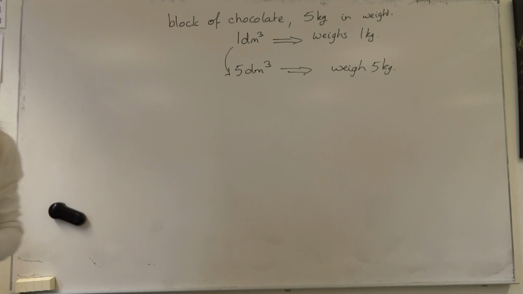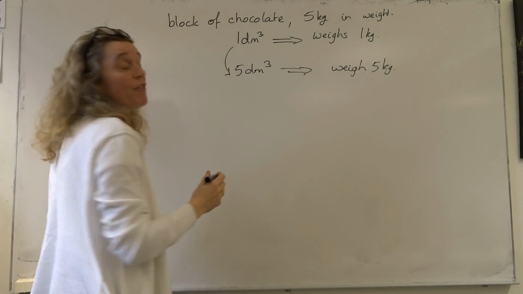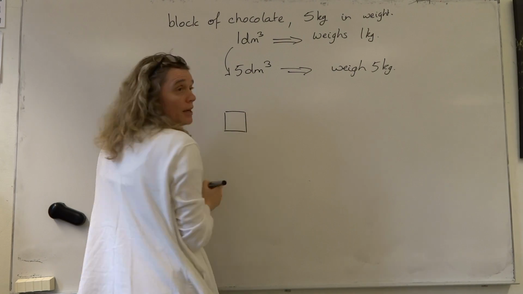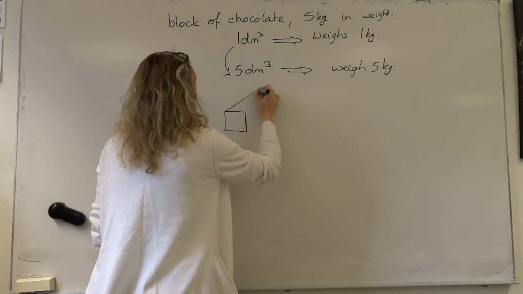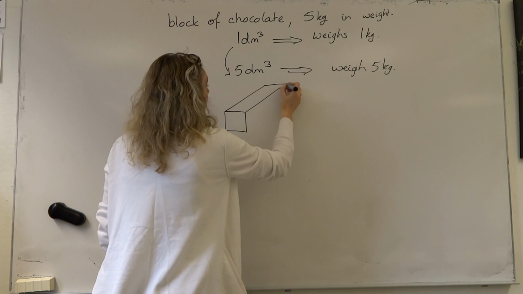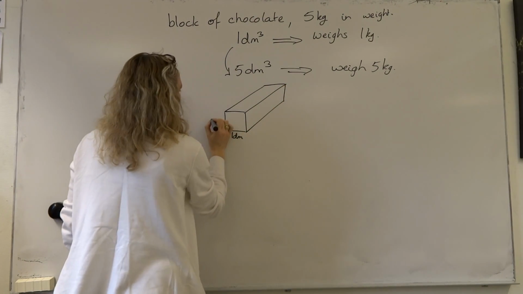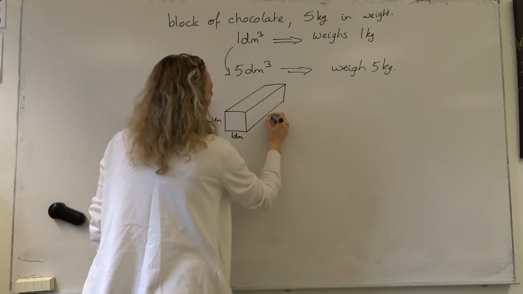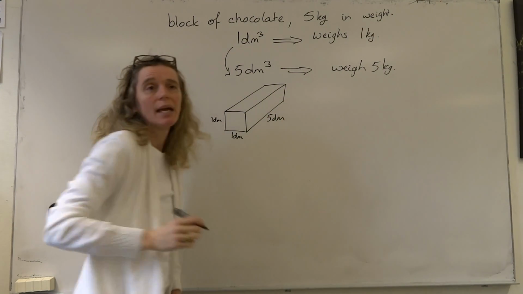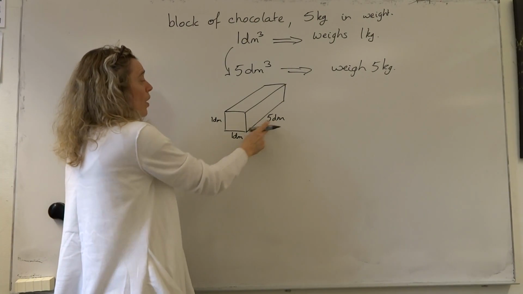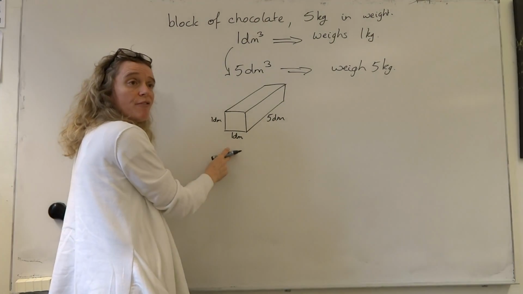So how could we make a shape that's going to be 5 decimeters cubed? Well, an easy way would be to do 1 by 1 and then 5 long. So this would be our easiest block that we could do. 1 decimeter length, 1 decimeter height, and 5 decimeters in breadth. Now, if we halve that one and double that one, we're still going to get 5.